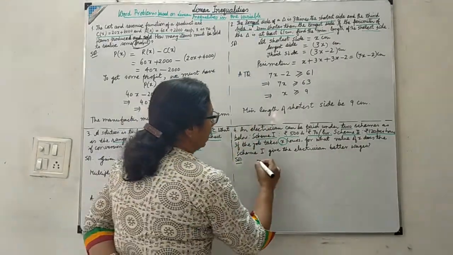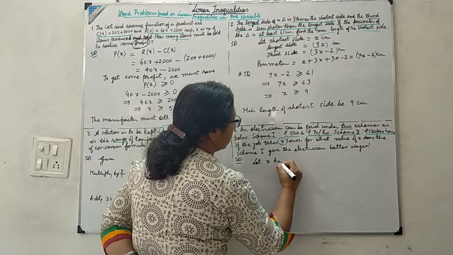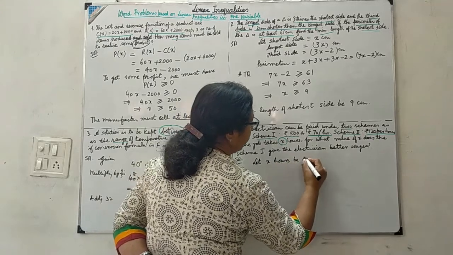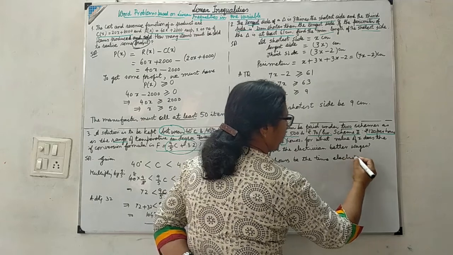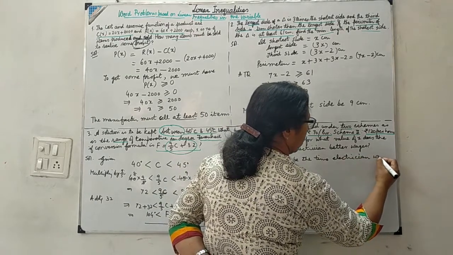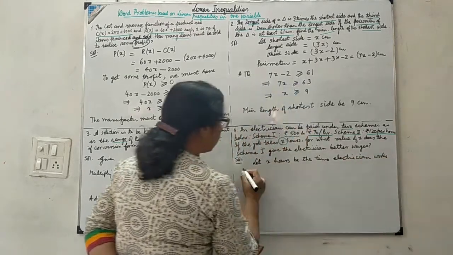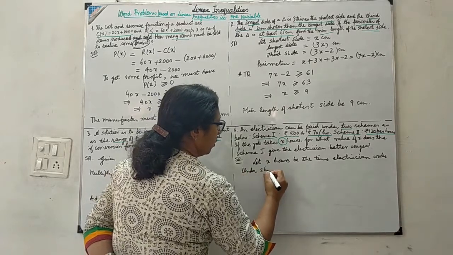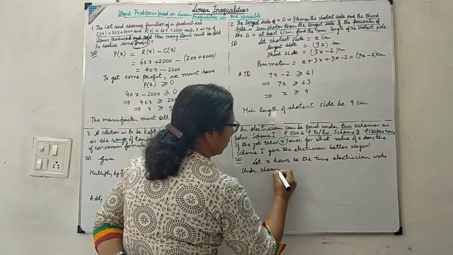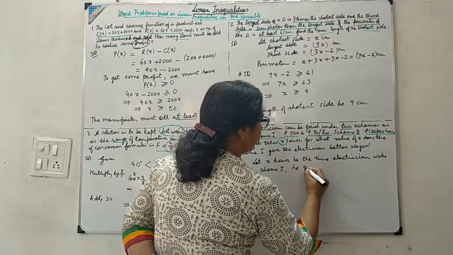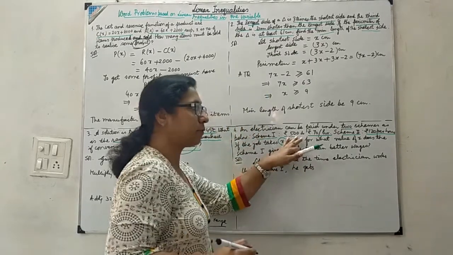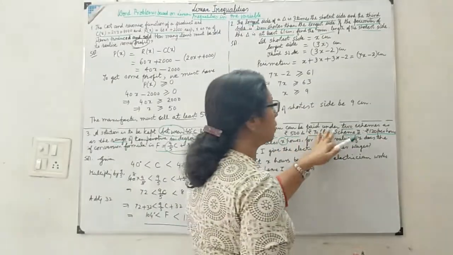So for it, let x hours be the time the electrician works. Under scheme 1, he will be getting rupees 500 that is fixed, and this is per hour.